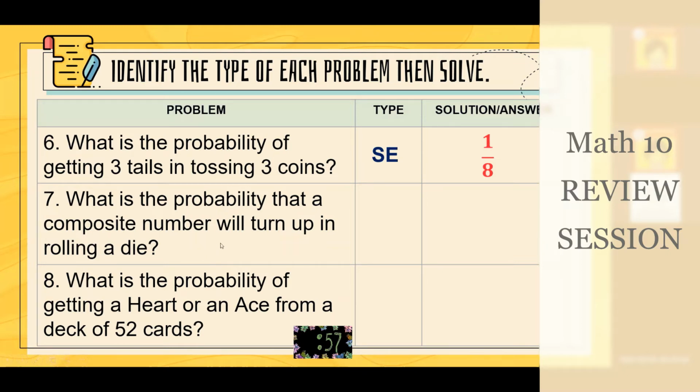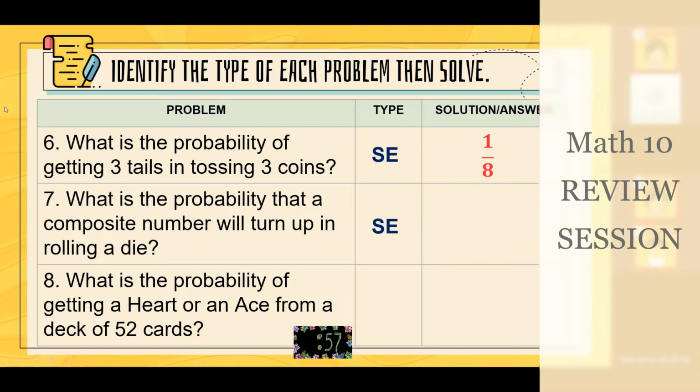Lara, number 7, what type of probability? Did you hear Lara? What did she say? Okay, nagla-lag daw siya. SE daw. Okay, yes, it's SE. And then, what is your answer?